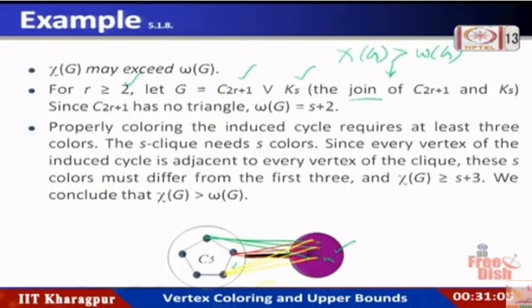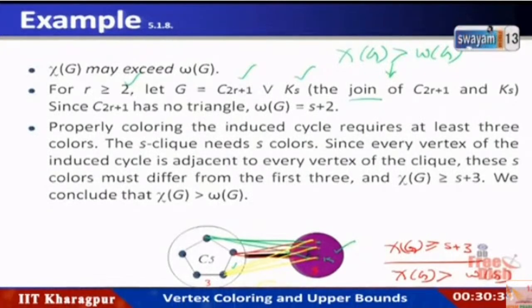Here you can see that this is an odd cycle. It requires 3 colors, and this requires s colors. So obviously the chromatic number of this graph will be s plus 3. Hence we conclude that in this scenario chi of G is strictly greater than the size of the clique.